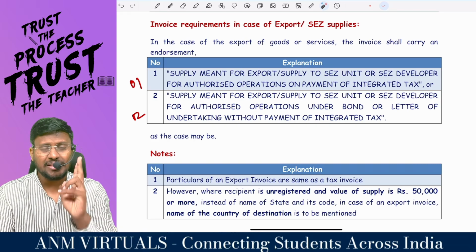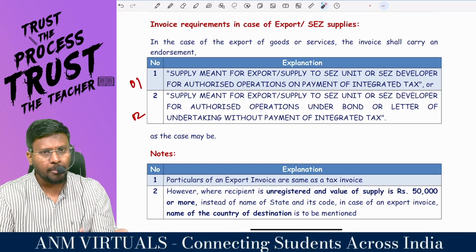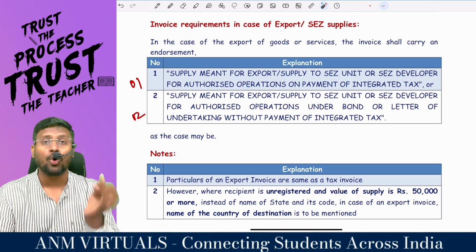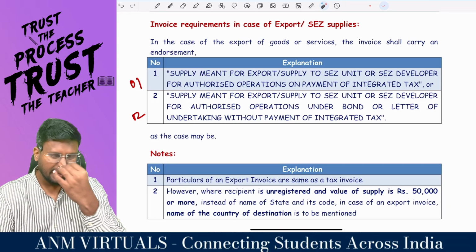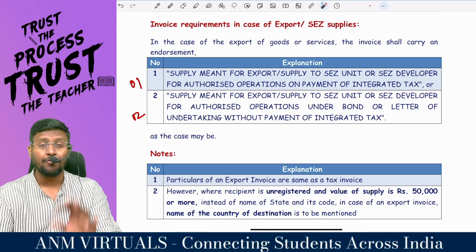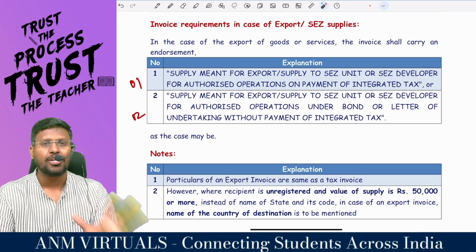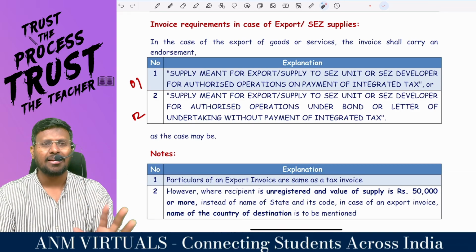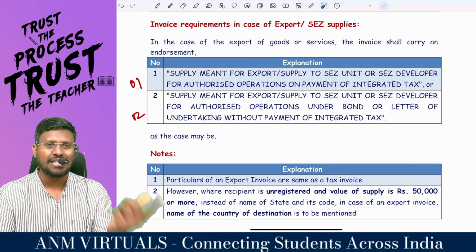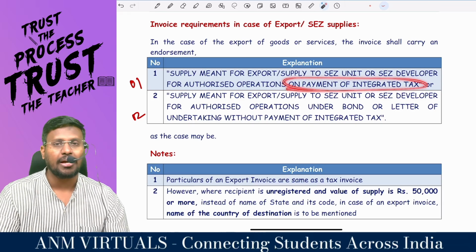So, two ways in which you can complete the export: either by payment of IGST or without payment of IGST. This is an option given by the Act. If you are exporting through payment of IGST, you have to mention that I am exporting or supplying to SEZ by making payment of IGST.